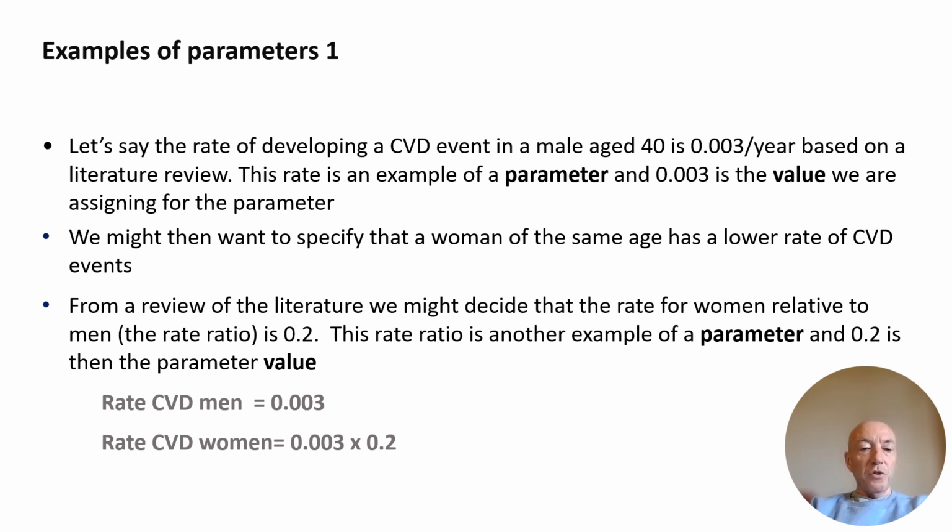From a review of the literature, we might decide that the rate for women relative to men, the rate ratio, is 0.2. This rate ratio is another example of a parameter, and 0.2 is then the parameter value. So the rate of CVD in men is 0.003, and the rate of CVD in women is 0.003 times this rate ratio of 0.2.